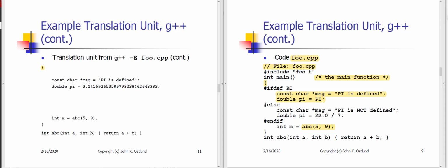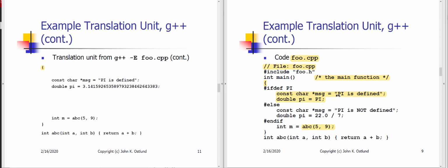Then, because pi was pound defined, these next 2 lines, const char star message and double pi, get passed directly through to the translation unit. Notice that the token pi in the line double lowercase pi gets uppercase pi, that token has been replaced in the translation unit with the sequence of characters that pi was pound defined as.